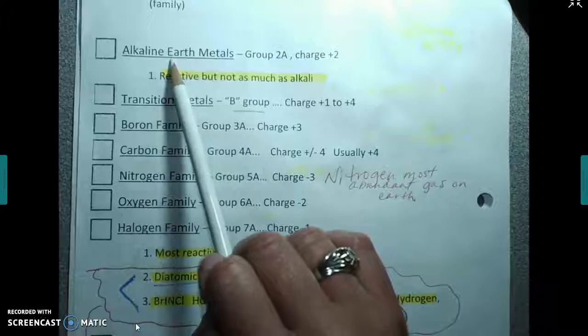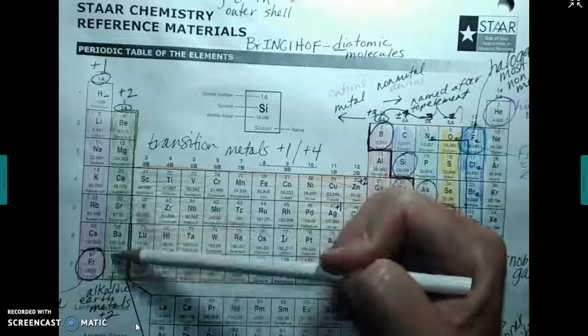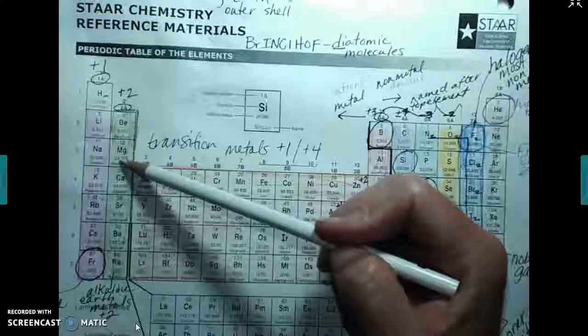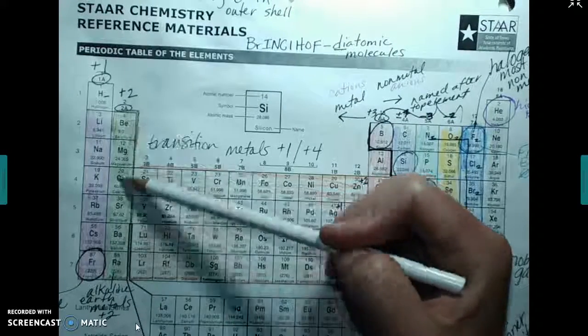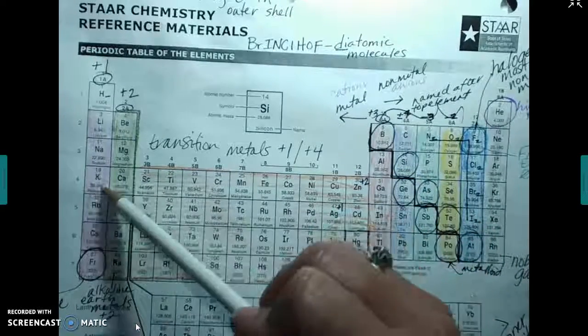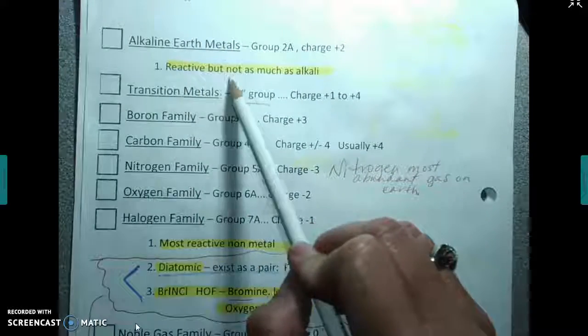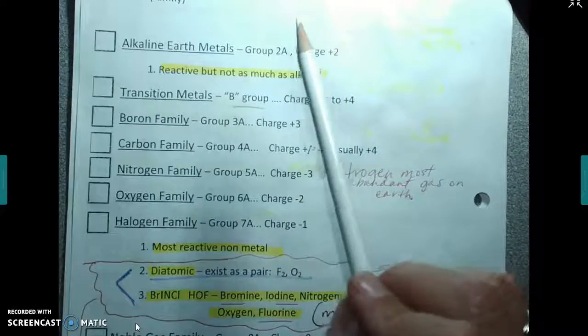Now, alkaline earth metals, group 2A or +2. They're very reactive. Neither group is found alone in nature, but alkaline earth metals are very reactive, but not as reactive as the alkali metals.